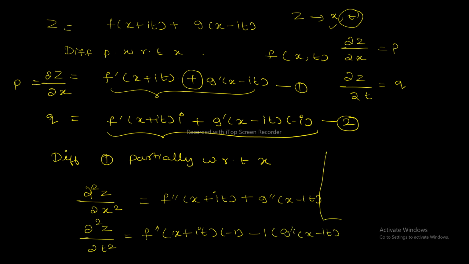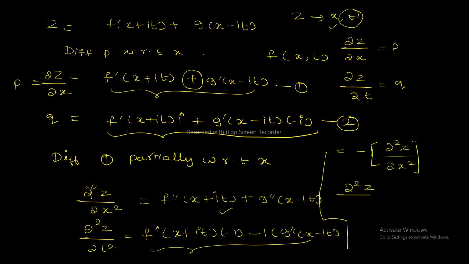So that is nothing but, if you take minus as common, f double dash of x, that is nothing but your dou square z by dou x square. So dou square z by dou t square is equal to minus dou square z by dou x square, that is dou square z by dou t square plus dou square z by dou x square equal to 0.